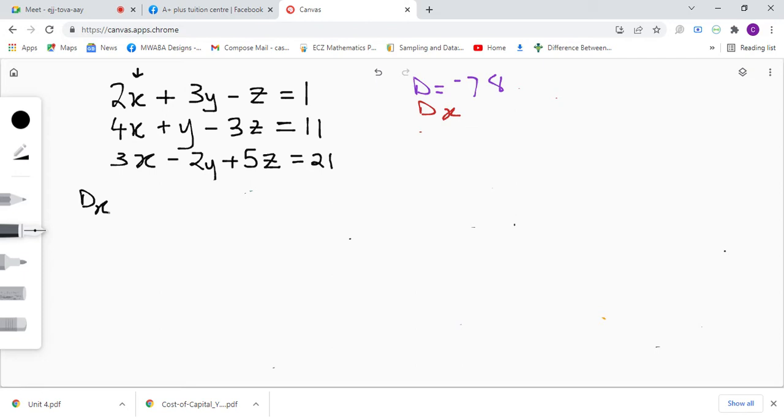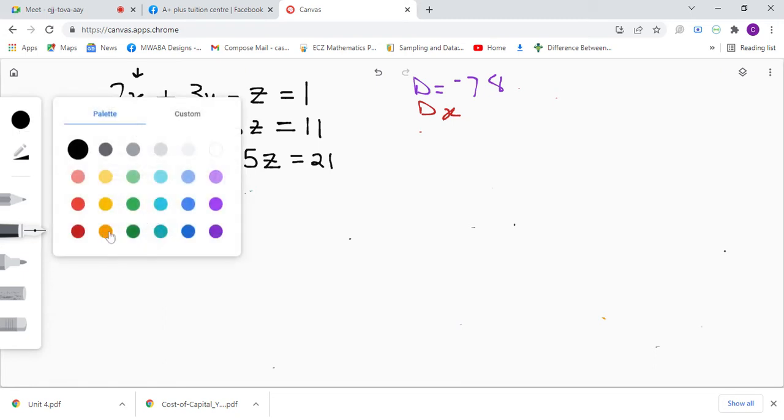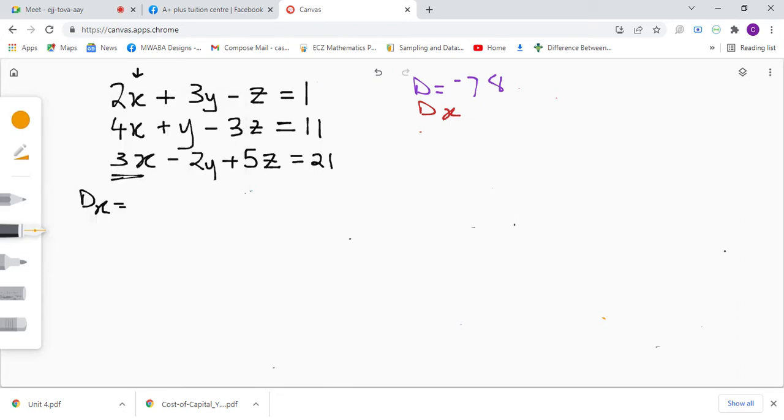Now in this matrix for dx, the column for the x values, this column here with the 2x, 4x, and 3x, we're going to replace it with this column, this 1, 11, and 21, right? We're going to replace the x column with this column, okay?